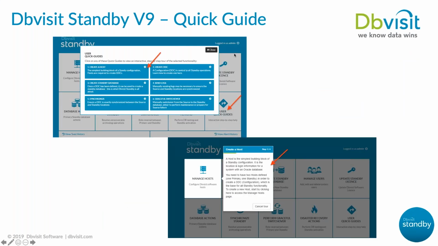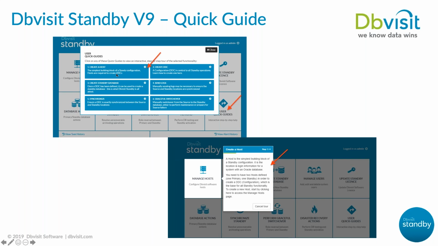Next one. Here is the quick guide, which is now a new option in the right bottom corner. If you click on that option, it will open up quick guides for 6 main operations.